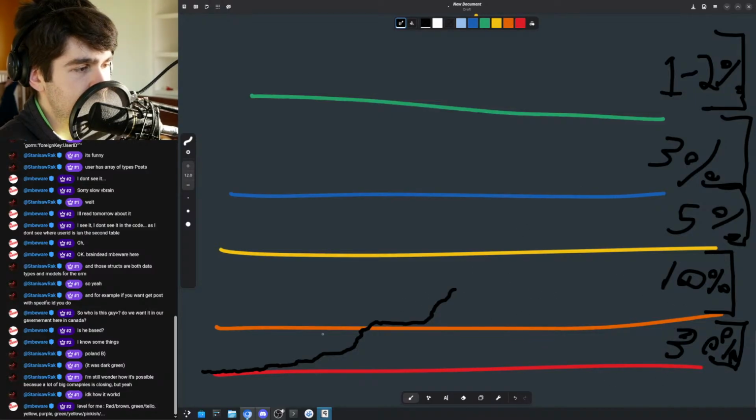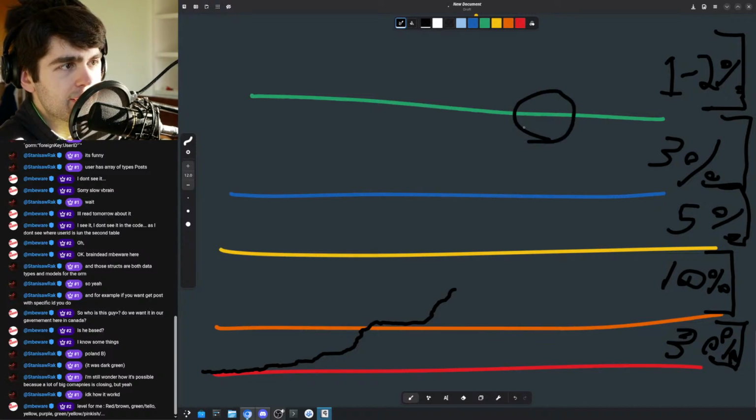So right now, if we use this scale, Canada, in terms of how developed its economy is, could be debated. It's somewhere in this range, right? And Poland would probably be somewhere in here.